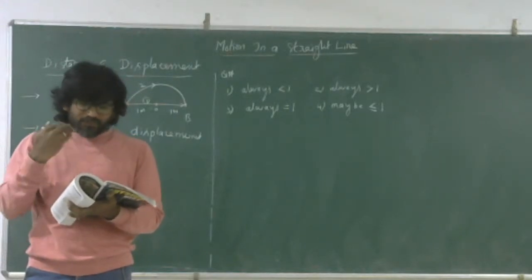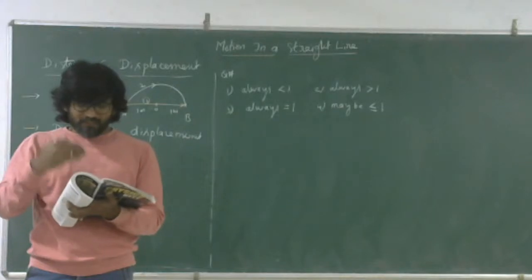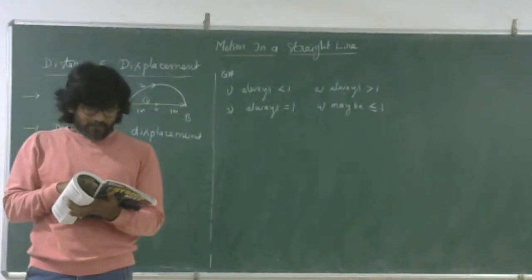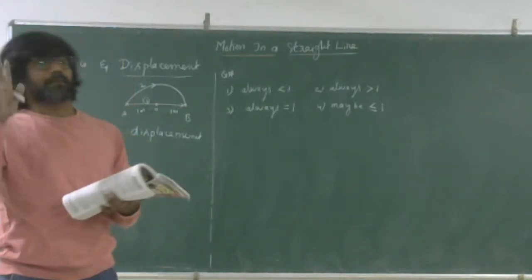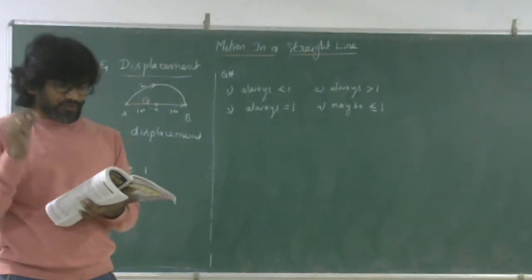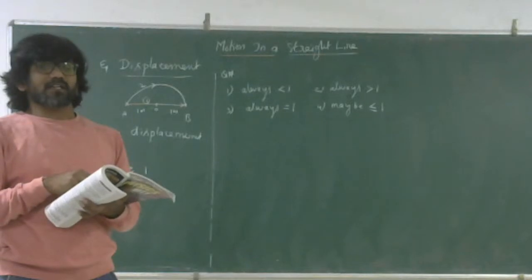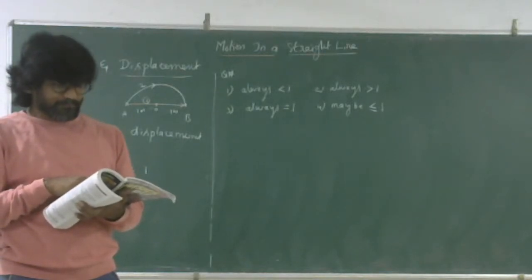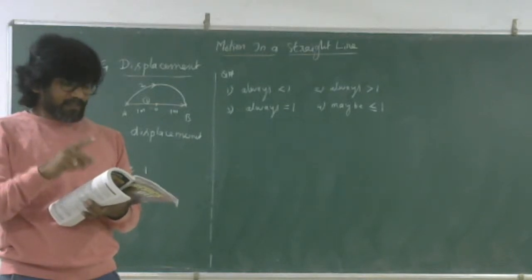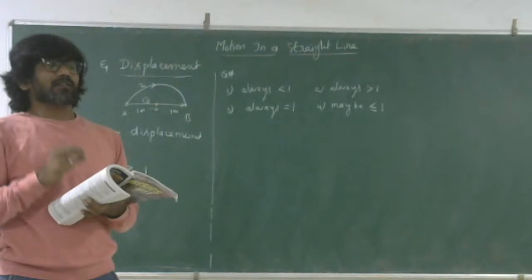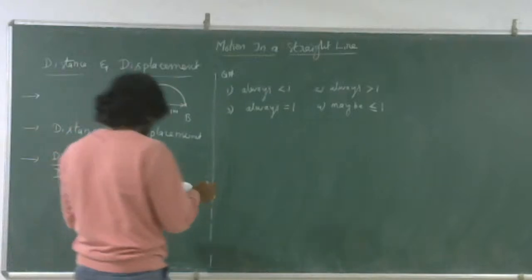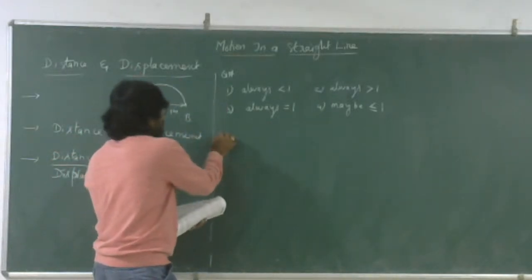Location of a particle is changed. What can we say about displacement and distance covered by the particle? Note down the question. Location of a particle is changed. What can we say about displacement and distance covered by the particle?